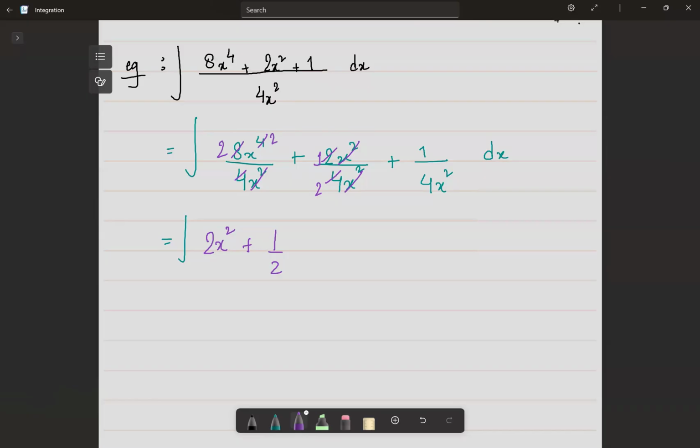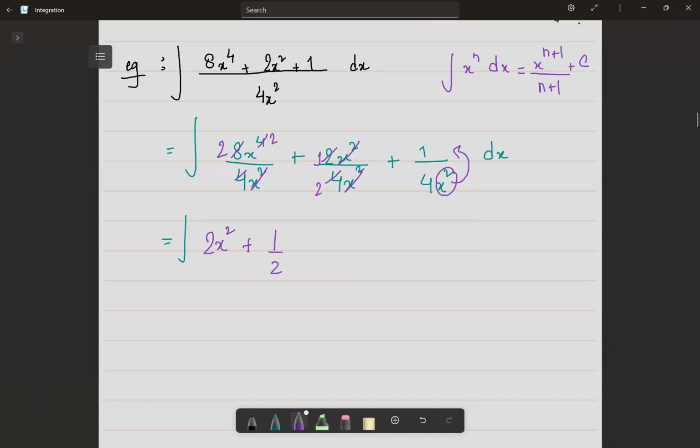And in here, we know that the formula we have for integration is the integration of x to the power of n dx. In the formula, x is always in the numerator. x is not in the denominator. So because x is not in the denominator, we have to take this x square in the numerator.